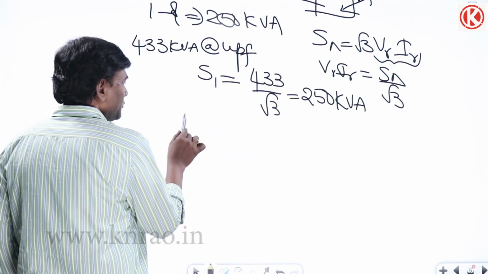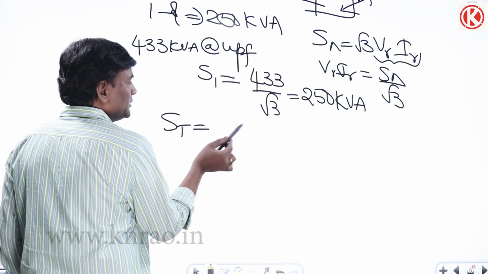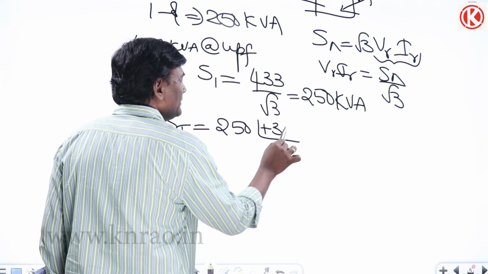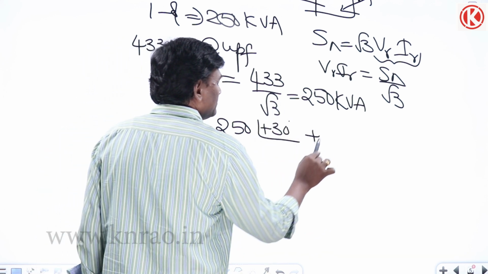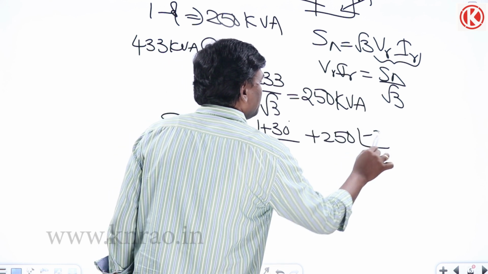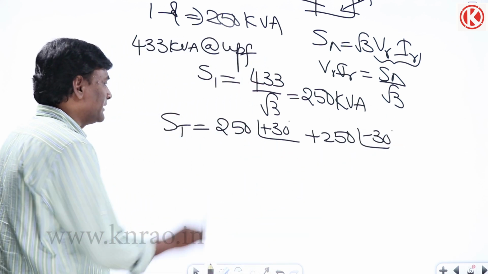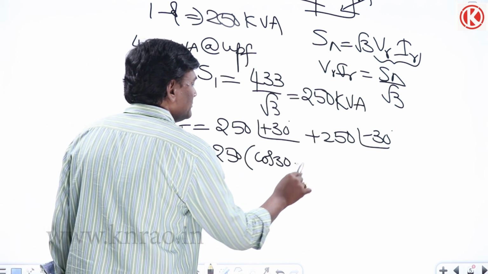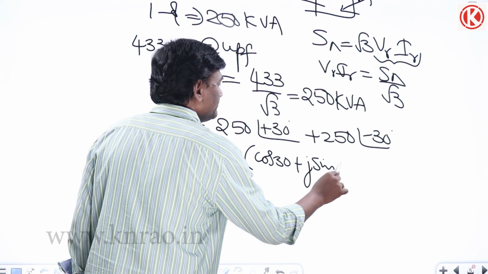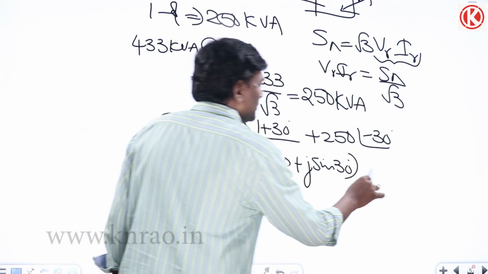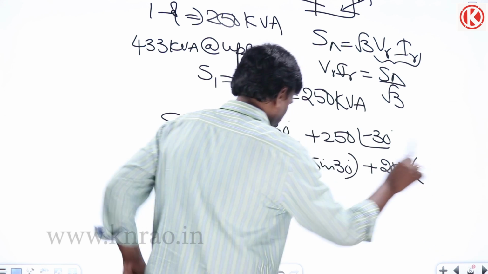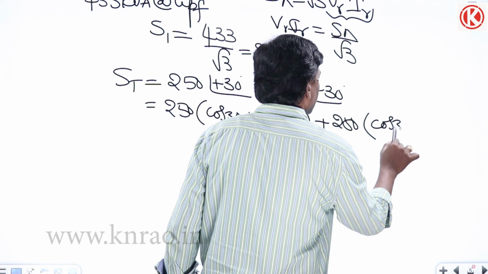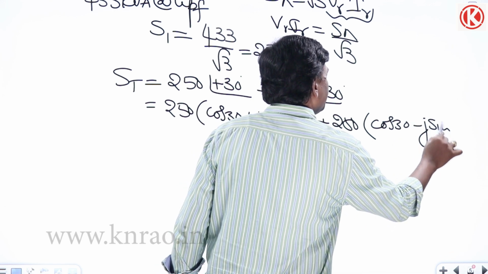S total is going to be S1, 250 at an angle, meaning it is leading, plus 250 at an angle minus 30, meaning 250 into cos 30 plus j sin 30, plus 250 into cos 30 minus j sin 30.